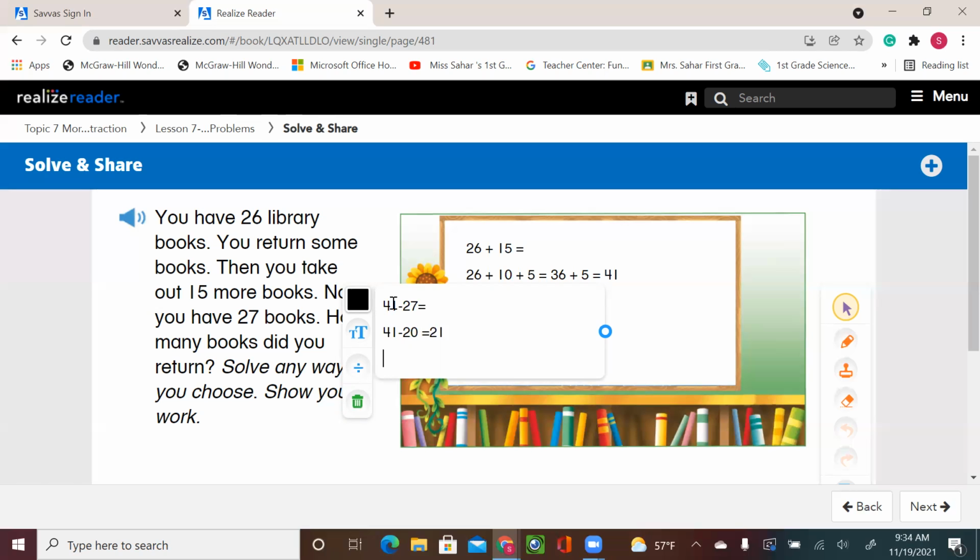Now I know that I still have 7 ones, so I can also say that 7 is 1 plus 6 equals 7. So I can say 21 minus 1 equals 20.